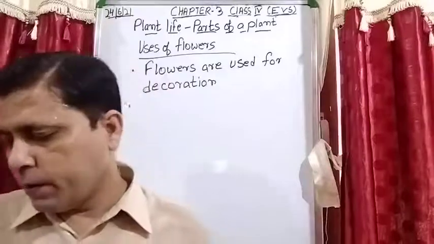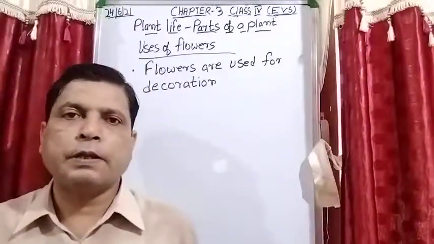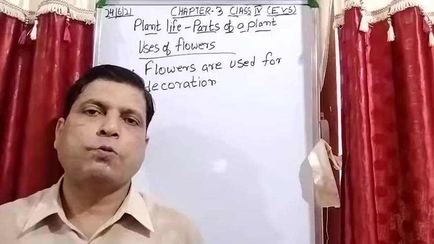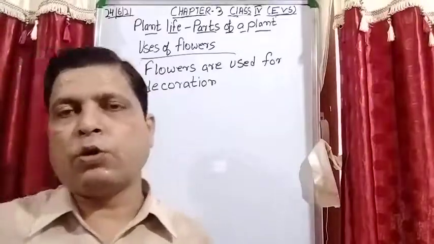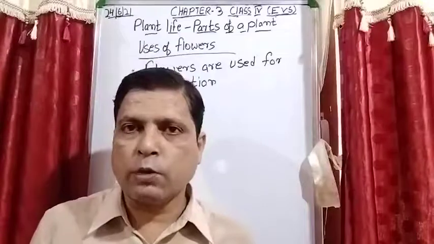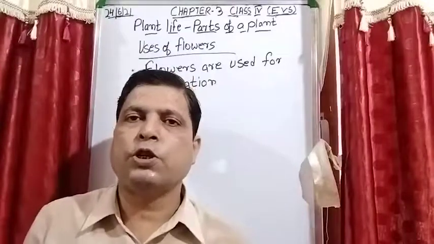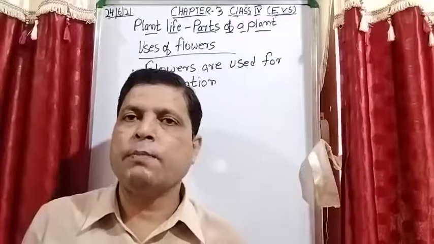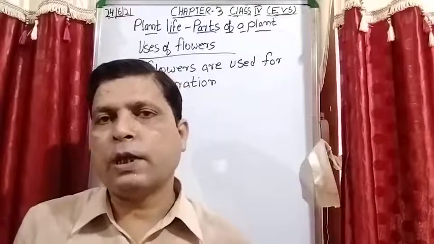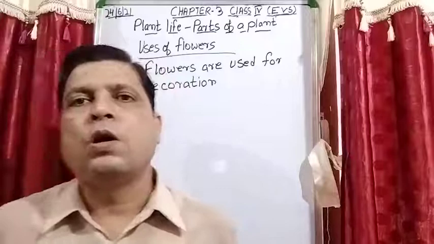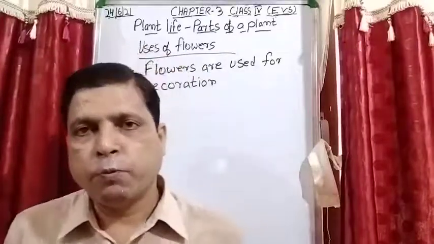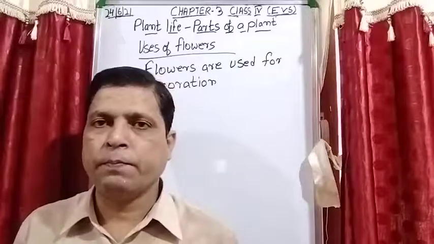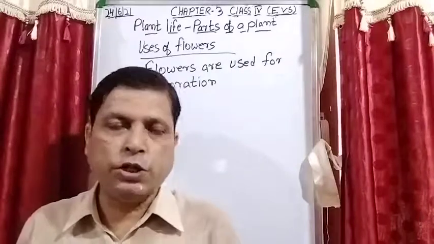Okay, second point, certain flowers of a certain plant we eat also. Is it clear? So for example, when we are talking about the root, in the roots also there are some special roots which store food in them and we eat them. In the same manner, when we are talking about the stem, food is stored in the stem also, like sugar cane, potato, ginger.